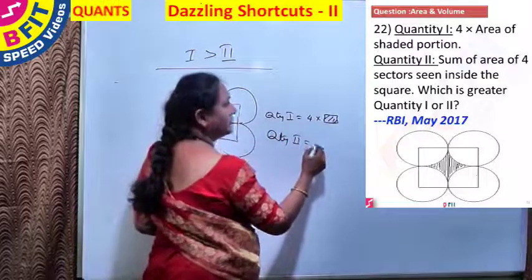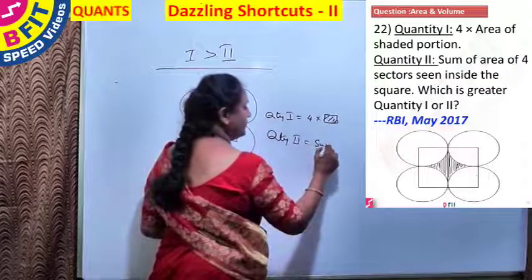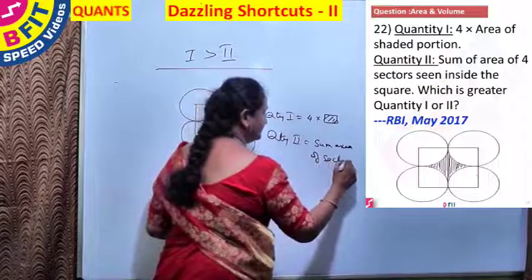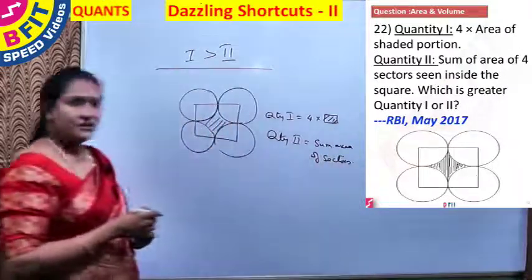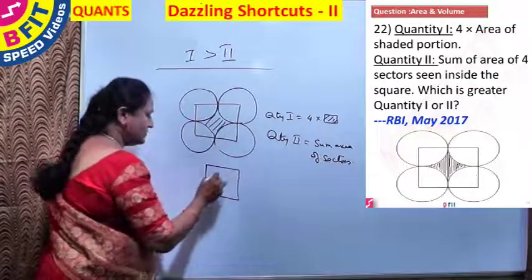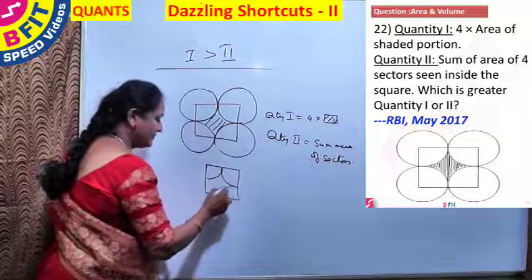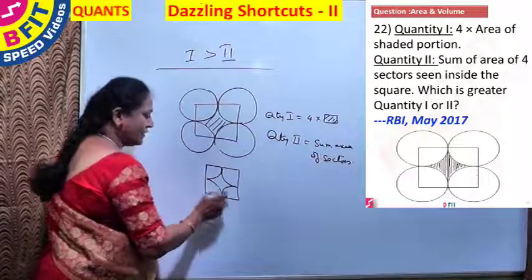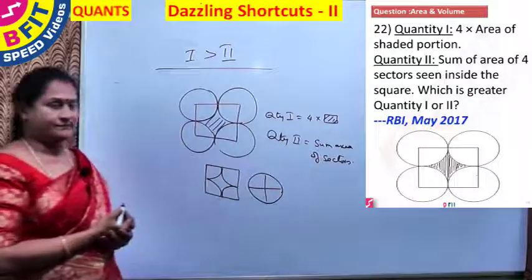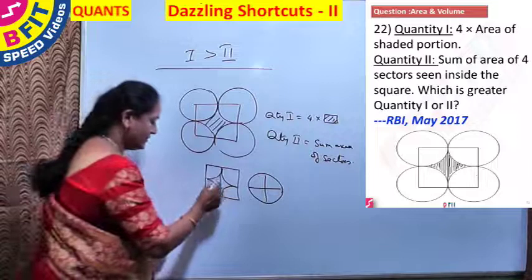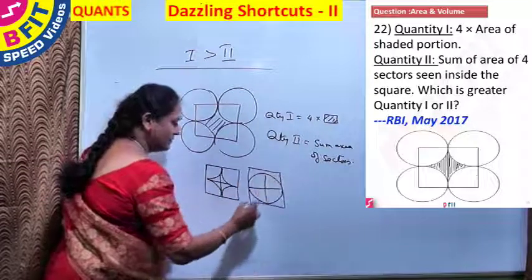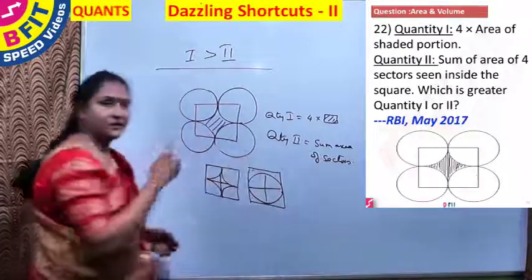So quantity 2 is the sum of area of sectors. So when you take the square here, these 4 sectors, when you join them, you get a circle. And this shaded portion, when you cut and put in these corners, you will get this in between area.